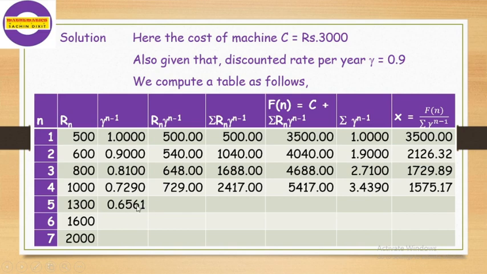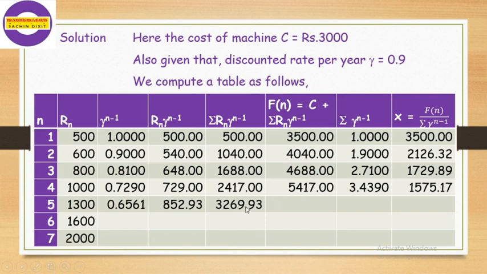We multiply this value by 1300, we get 852.93. We add this value to 2417, we get 3269.93.